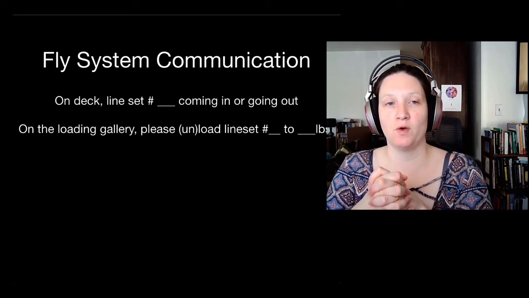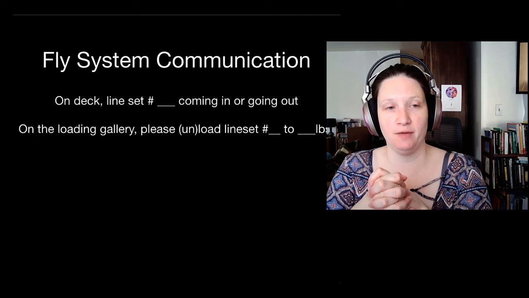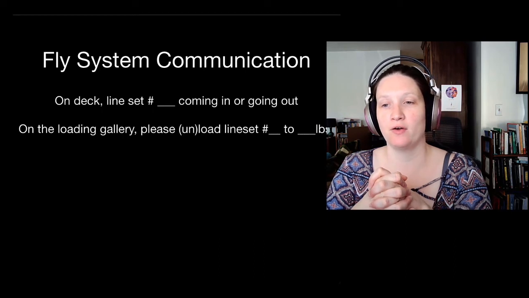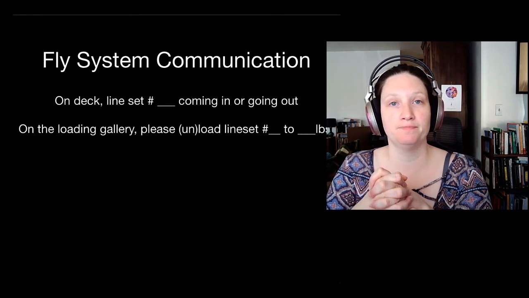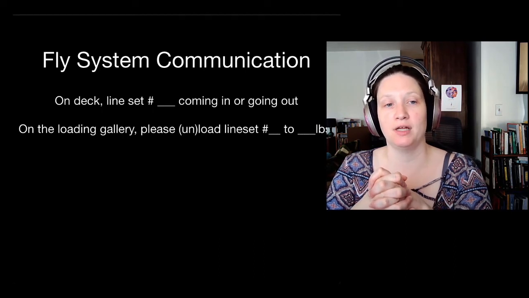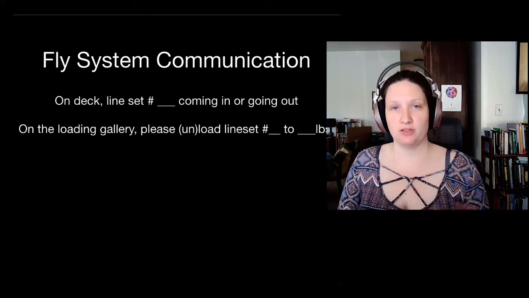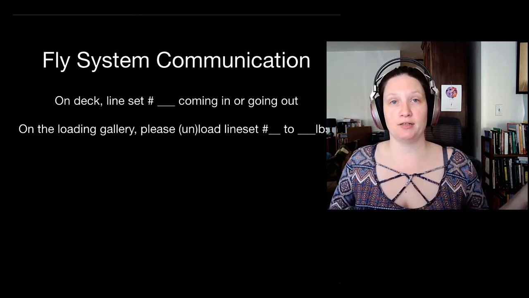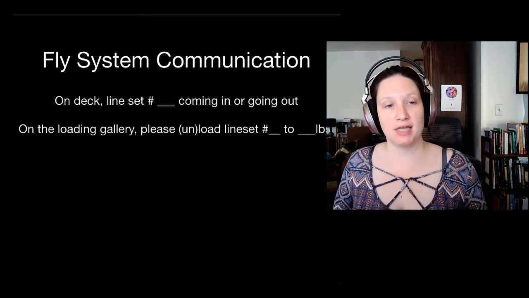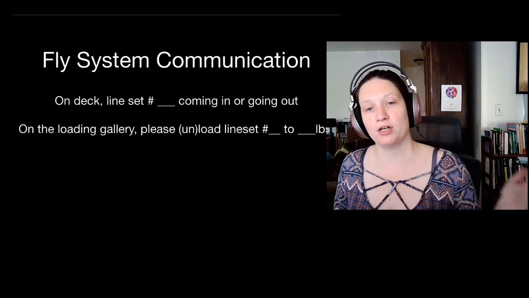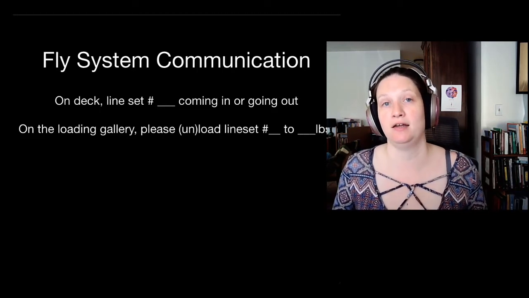And then once the pipe is in all the way, you let your person up in the loading gallery know. They're going to ask you if you're clear on stage, right? That actually would happen before this. And so you let them know that the rail is clear, that there's no one in the way. And then you say on the loading gallery, please load or unload line set 4 to however much weight is needed on that pipe.